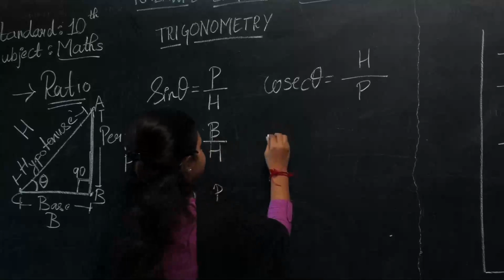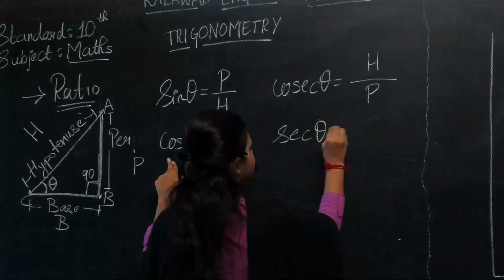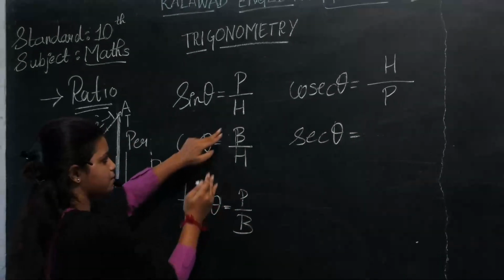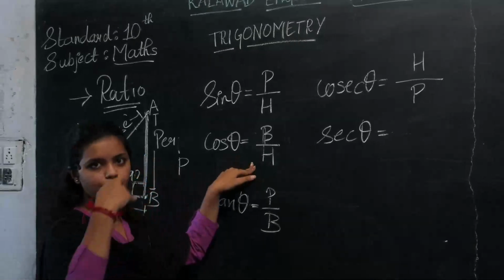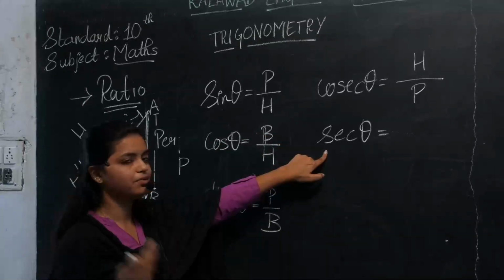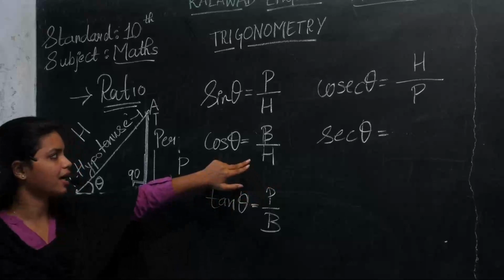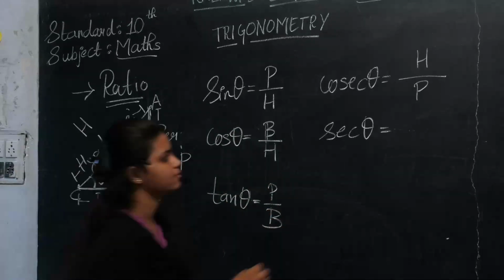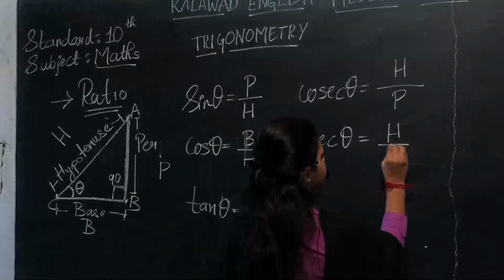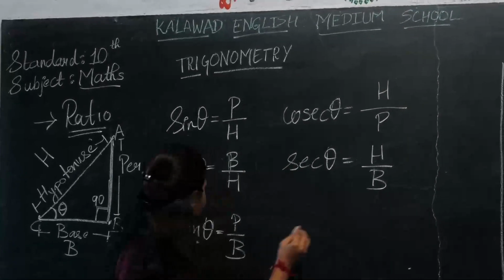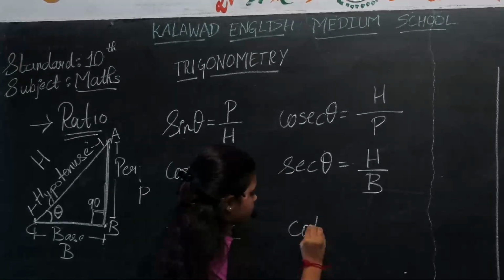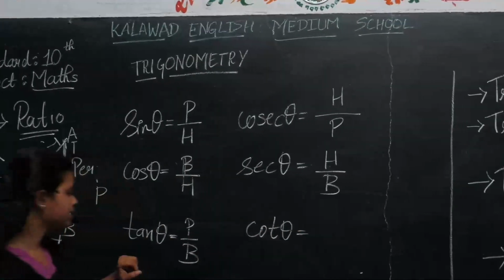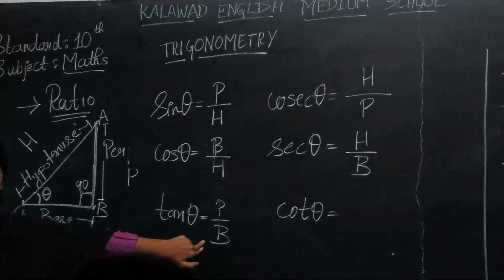Now comes sec. Cos is B upon H, base upon hypotenuse, then sec will be the reciprocal of cos, that is hypotenuse upon base. And comes cot. Here tan is perpendicular upon base, right?